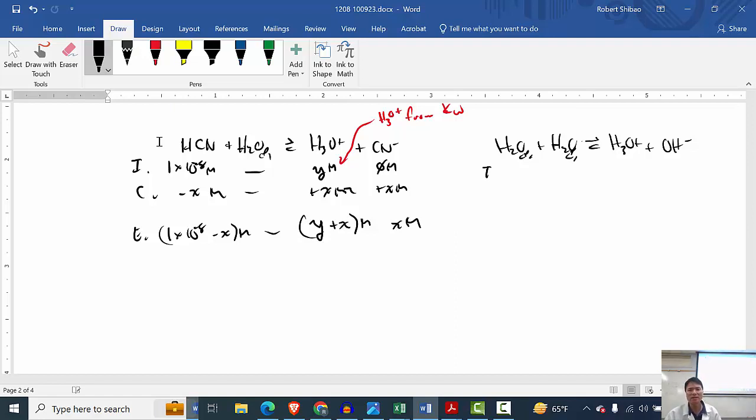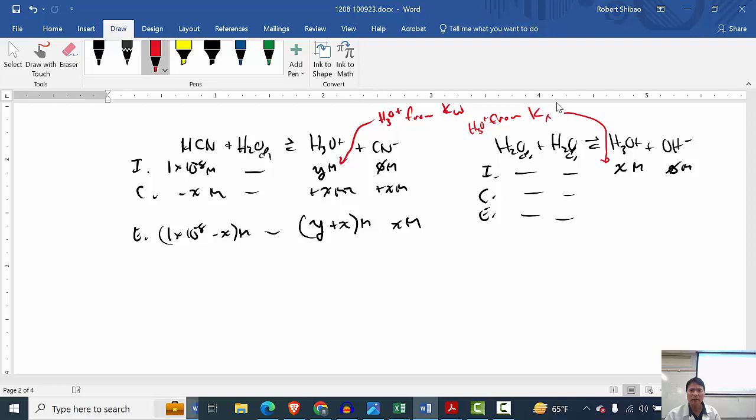At the same time, I'm solving this other ICE table. Water is a pure liquid, so we'll omit that. And then we'll have hydronium. We're going to assume that no water is hydrolyzed, so the hydroxide is going to be 0. But there is going to be some hydronium from HCN. How much hydronium are we going to have from HCN? We're going to have X molar from HCN, so this is from the Ka of HCN.